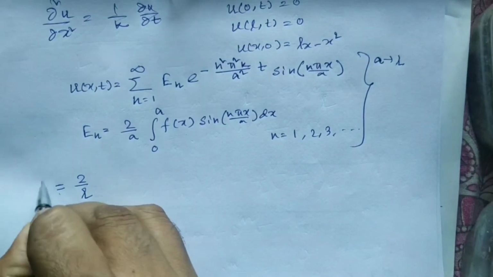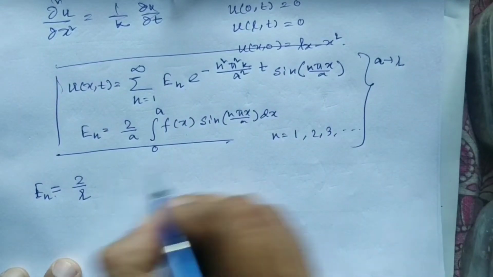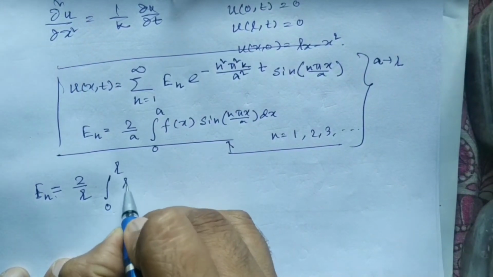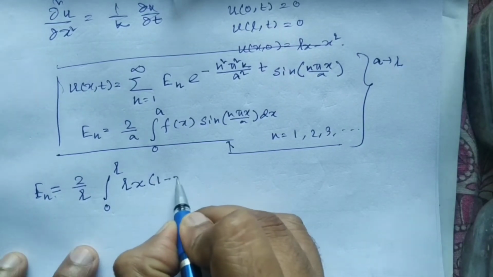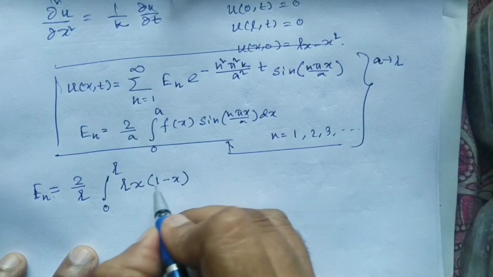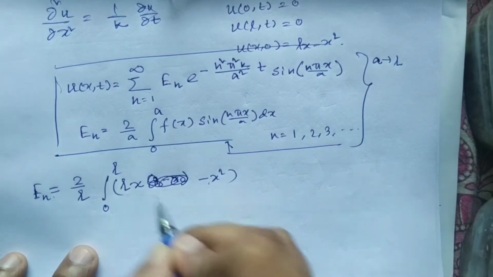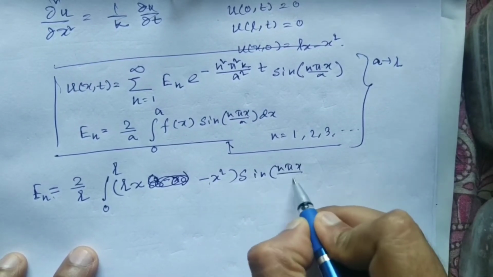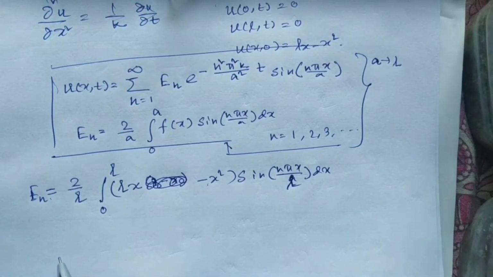So En for this problem is given as the integral 0 to L, f(x) is Lx minus x square, sorry, multiplied with sine n pi x by L dx. So let's do the integration now.